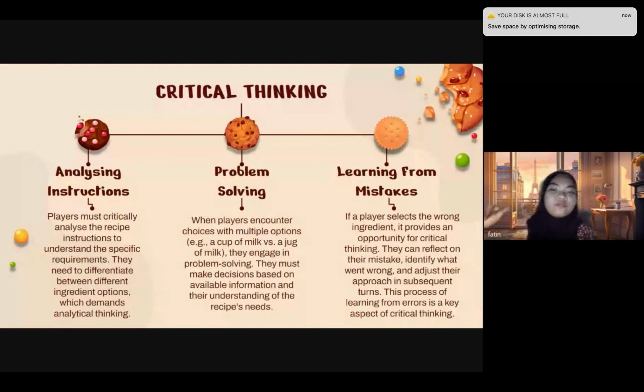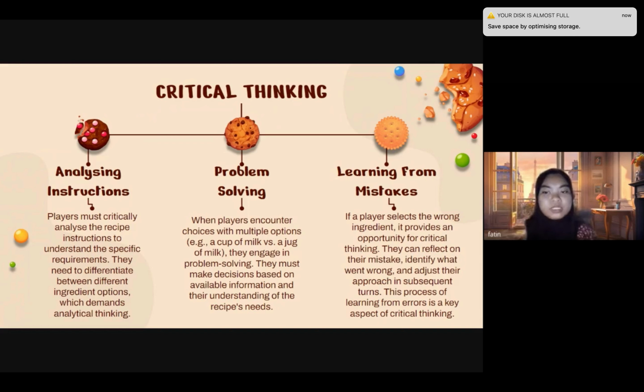So this requires them to think about the problem, like what the instruction wants, and then solve it in terms of what the instruction wants. So they have to make the decision based on the available information. So this increases their problem solving skill.